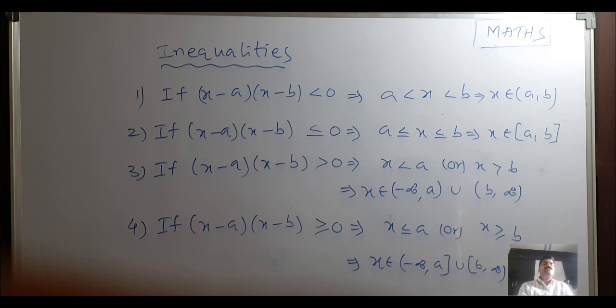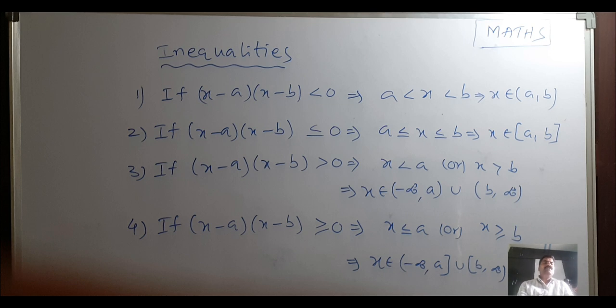Right now please try to remember these inequalities as standard results. First point, whenever a quadratic expression is given to you, we can factorize it into the form x minus a into x minus b. If you want to know where it is negative, we need to write less than 0.